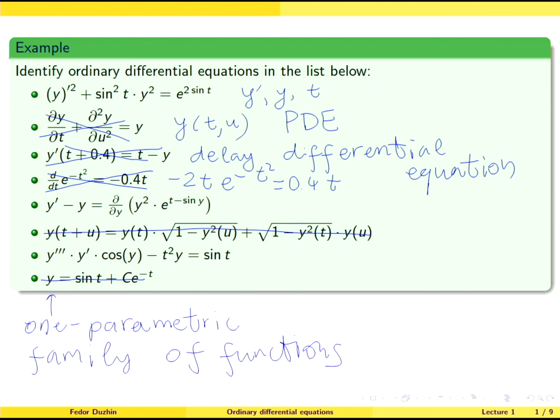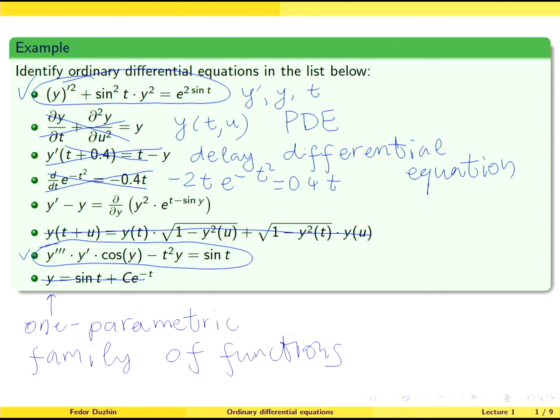When it is not indicated, it means that they are all evaluated at t, and t is the independent variable, right? So this is an ordinary differential equation. The same concerns the second last option, only here y prime and y triple prime appear, which means that this is also an ordinary differential equation, but its order is 3 rather than 1.